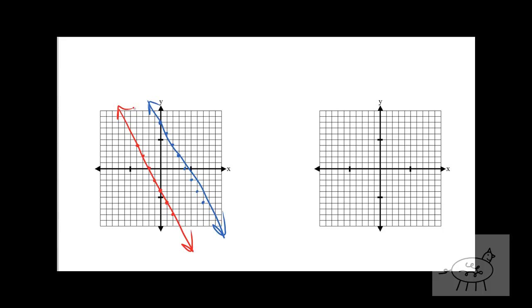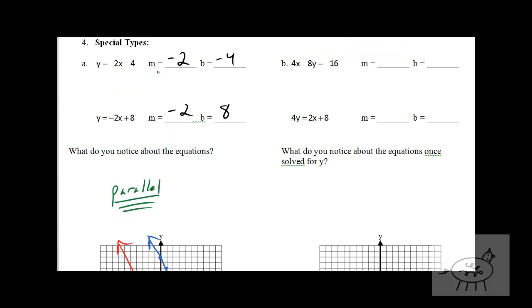So what are these lines? These lines, math fans, are parallel. And you know they're parallel because, look at the slopes, guys. The slopes are the same. If the slopes are the same, you know they're parallel as long as the y-intercepts are different.